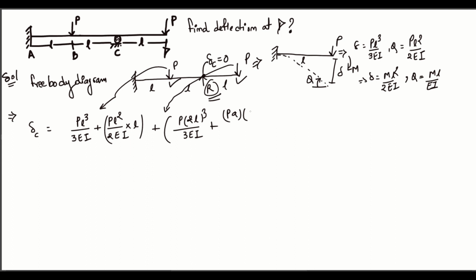Okay, so PL, which is the moment, and L square will be 2L square. So here we have not PL, it would be PL into 2L square upon 2EI.